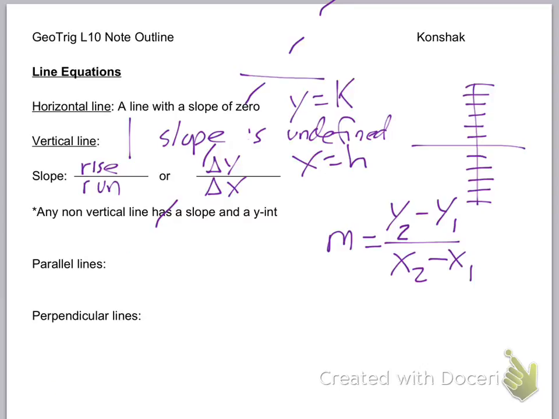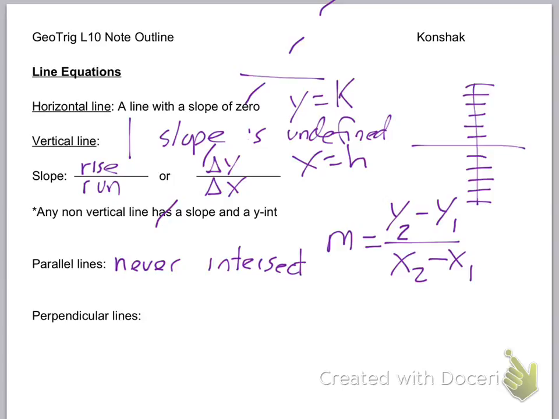We go into parallel lines and perpendicular lines. Parallel lines are special because why? They'll never touch, okay? Parallel lines, we'll say, never intersect. Be more mathematical, right? Never intersect.